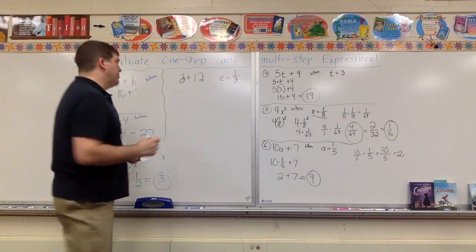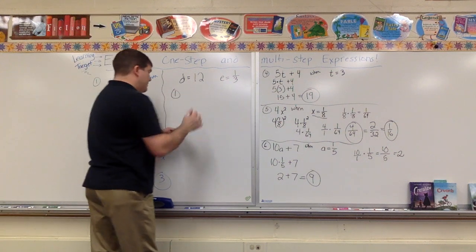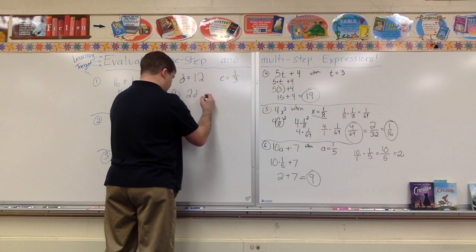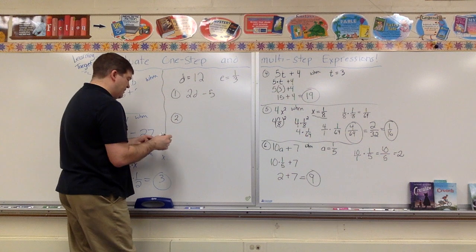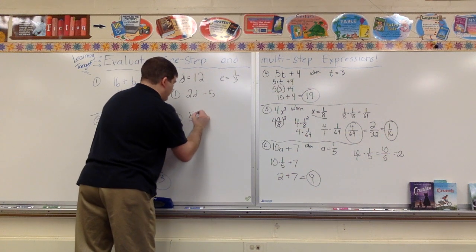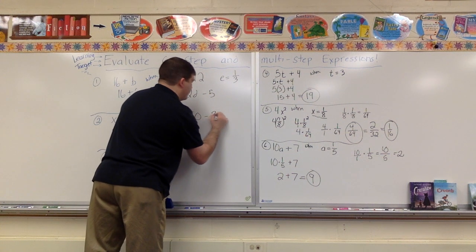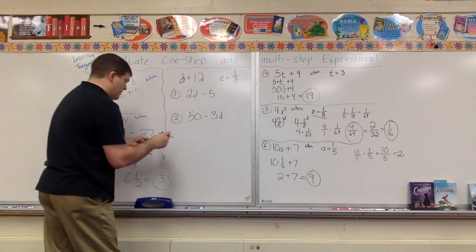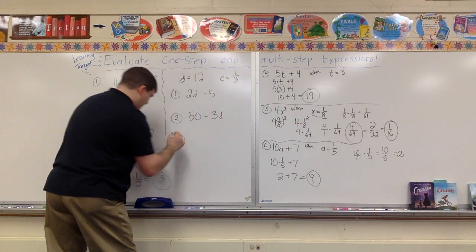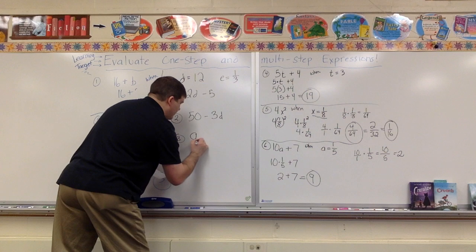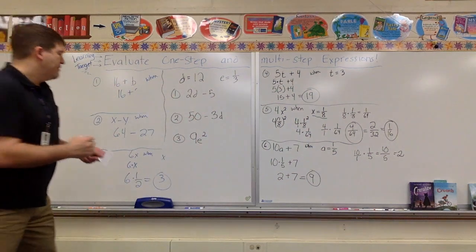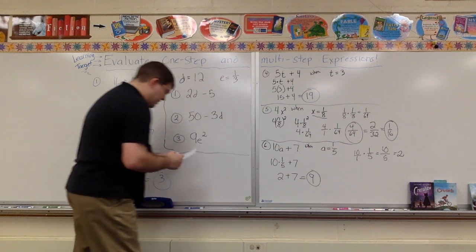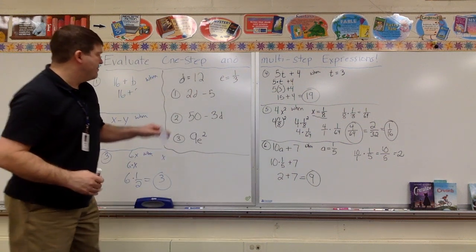Now, here are 3 problems. The first one is 2d minus 5. The second one is 50 minus 3d. And the third one, 9e squared.